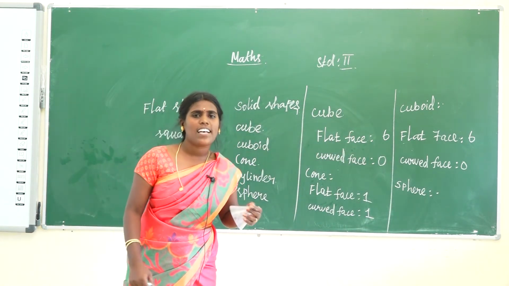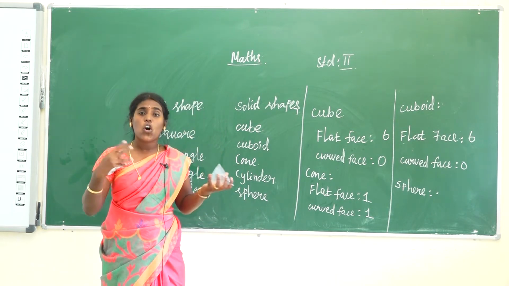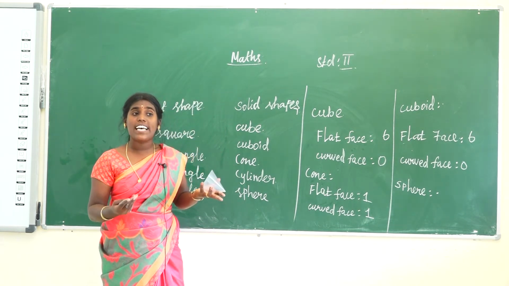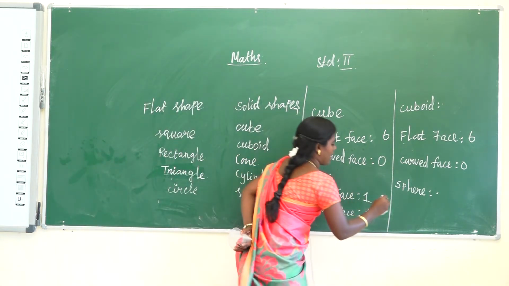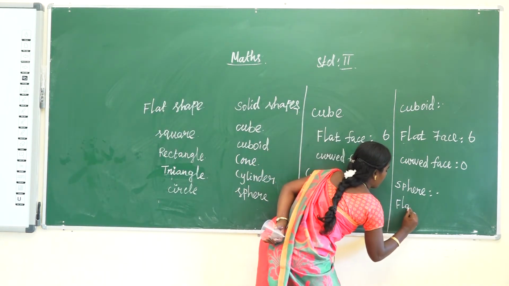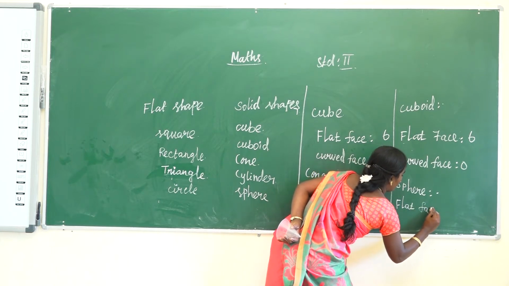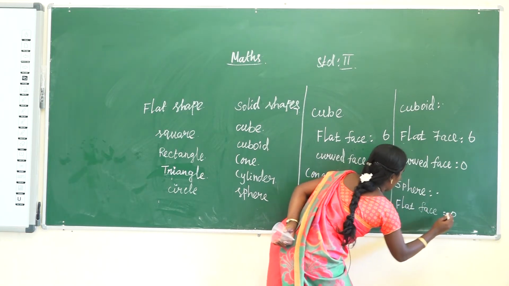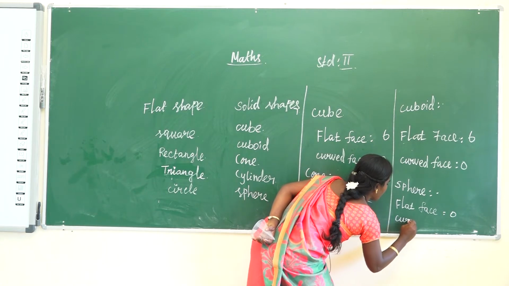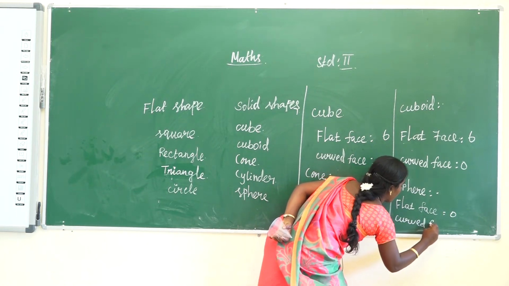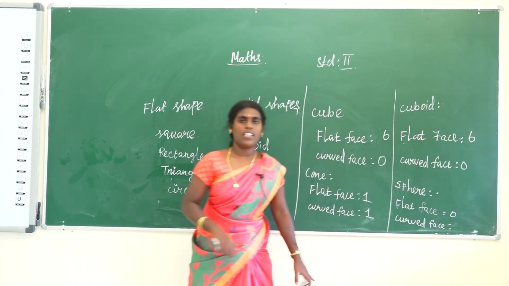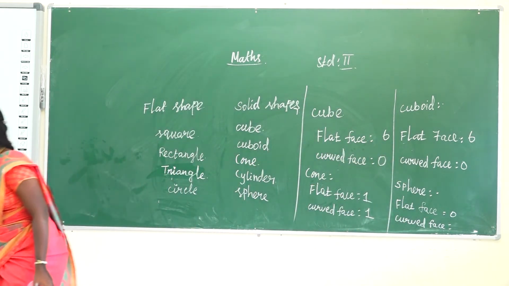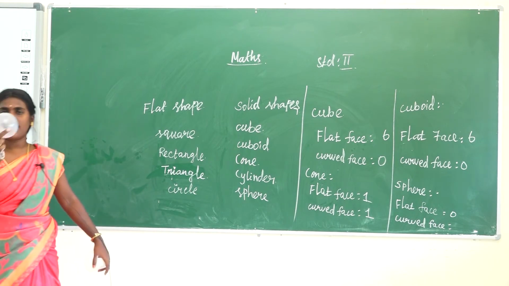How many edges? Sphere has no corner, no edges. So flat face is 0. Then curved face is, sphere is an example. That is a sphere.